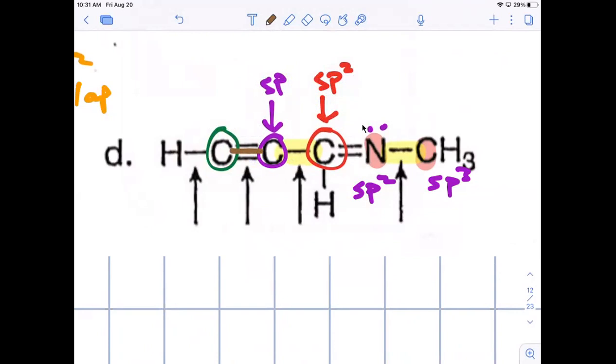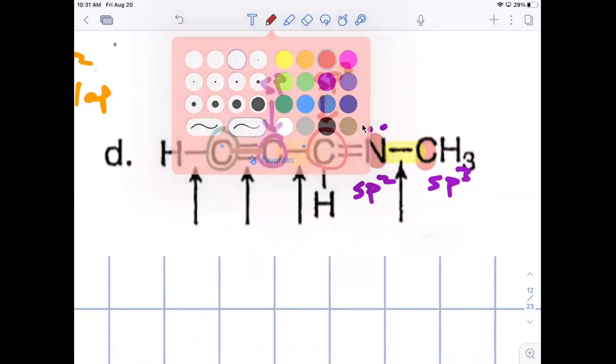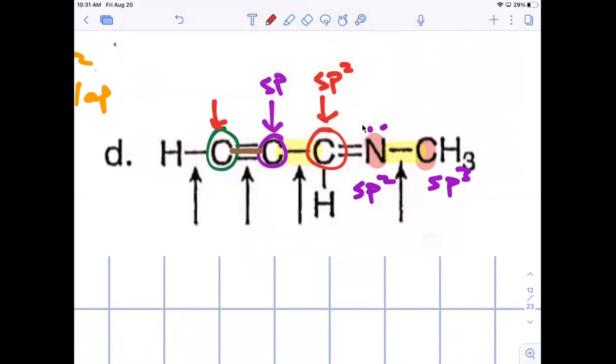So what is the sigma bond between those 2 carbons the result of? What type of overlap? Both carbons are SP hybridized, right?